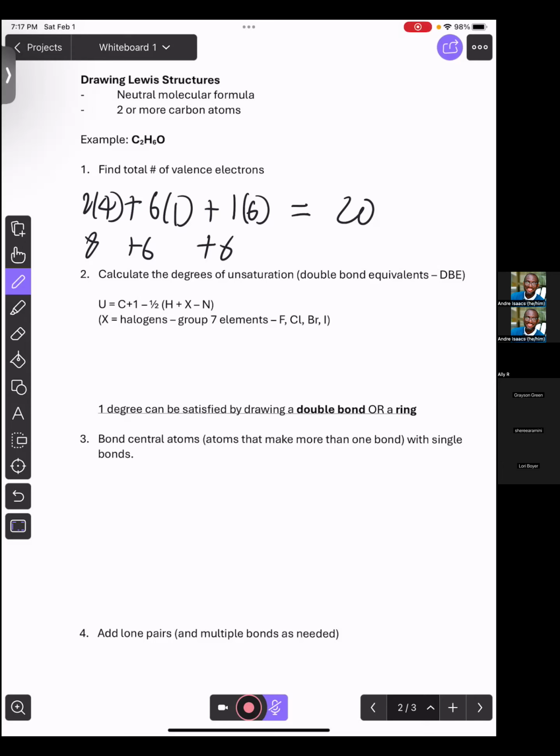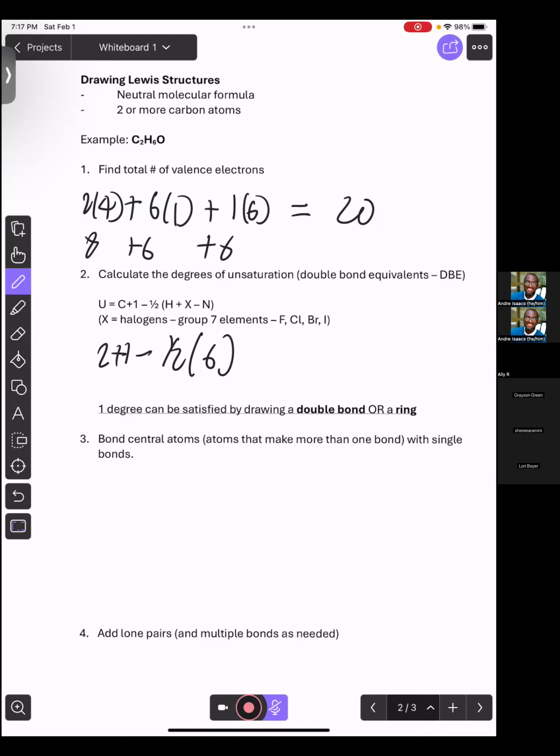So why don't we do that? We have 2 carbons plus 1 minus half. We have 6 hydrogens. We have no halogens in this formula. There's no chlorine, fluorine, bromine in C2H6O. And we have no nitrogen. So we can just close the bracket right there. Does that make sense?